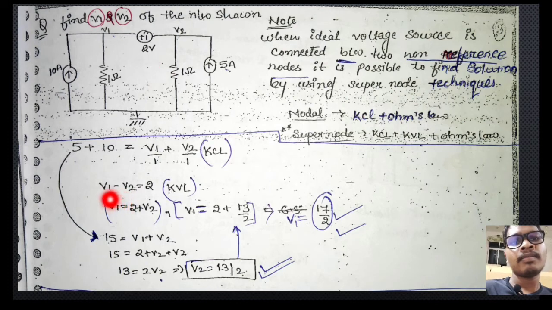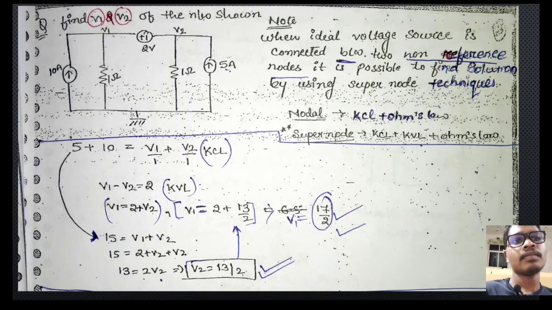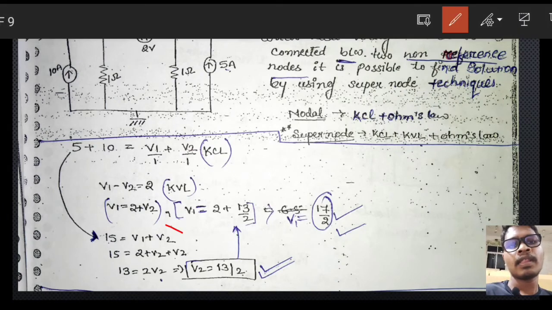So from this equation, V1 is equal to 2 plus V2, as V2 is transferred to the right hand side. Now from the other equation, V1 plus V2 is equal to 15.